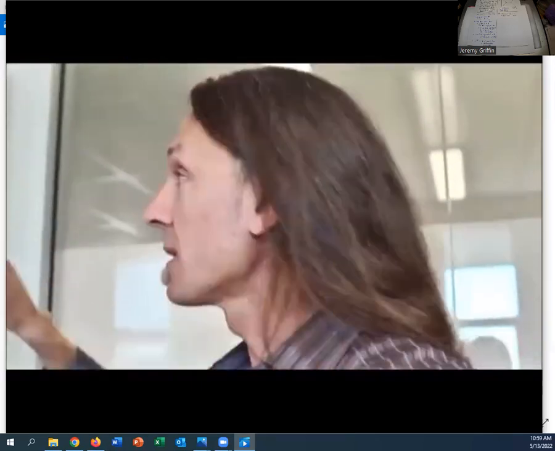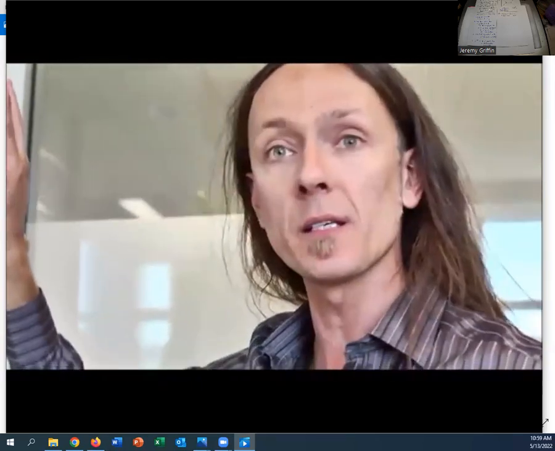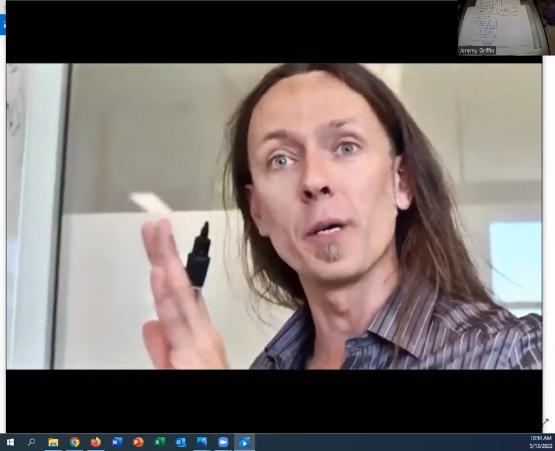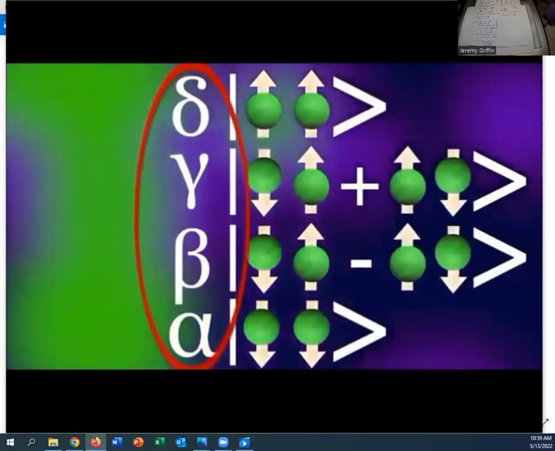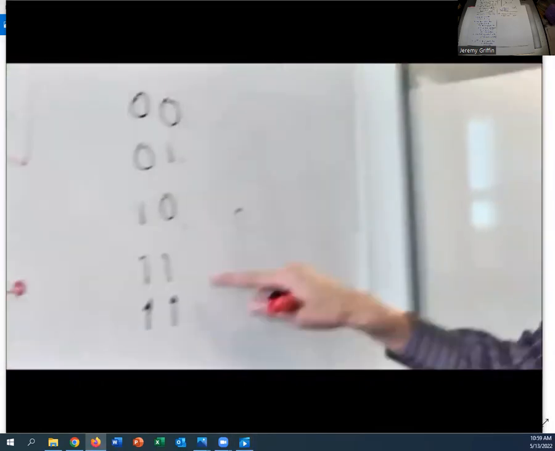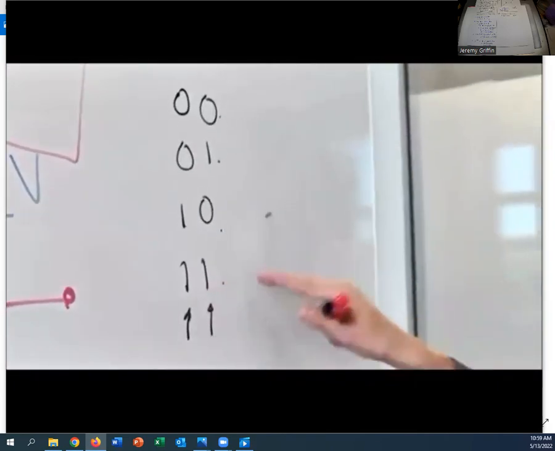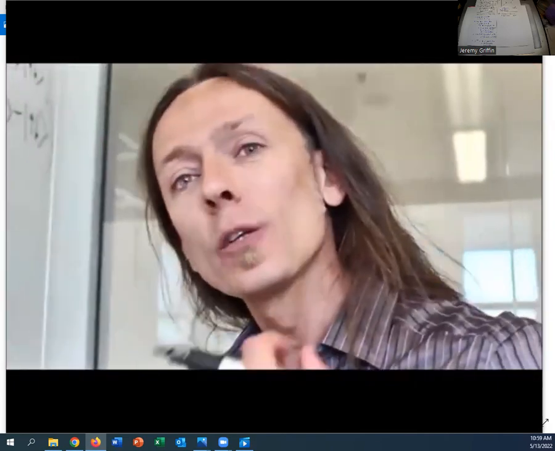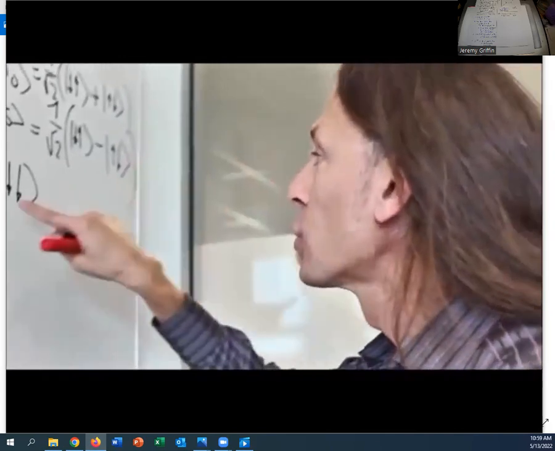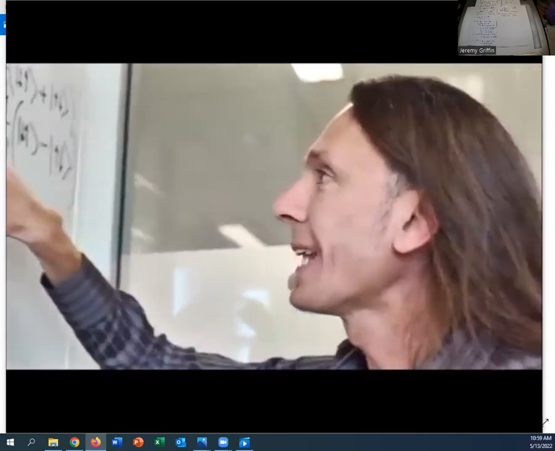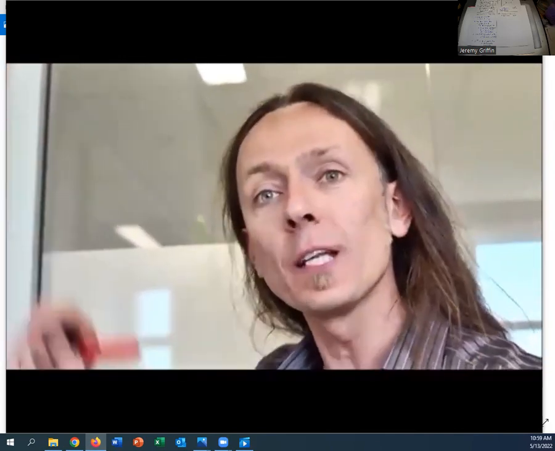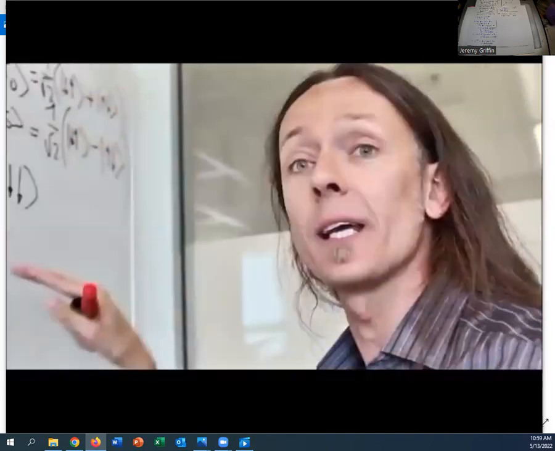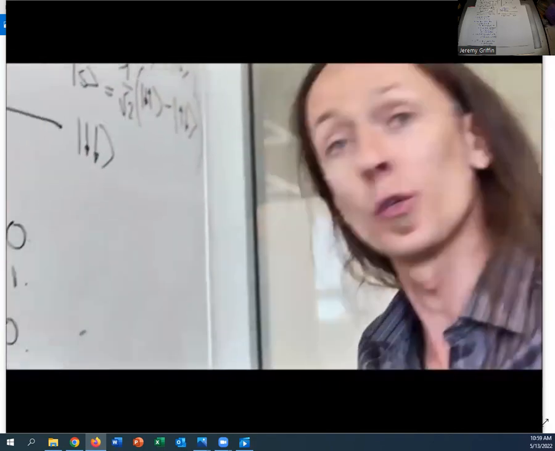So to determine the state of this 2-spin system, I need to give you 4 numbers, 4 coefficients. Whereas in the classical example of the 2 bits, I only need to give you 2 bits. So this is how you understand why 2 qubits actually contain 4 bits of information. I need to give you 4 numbers to tell you the state of the system. Whereas here I only need 2.